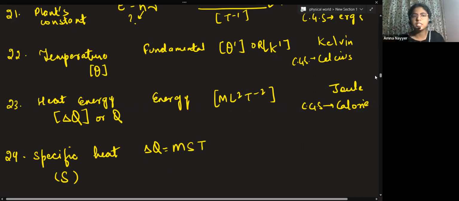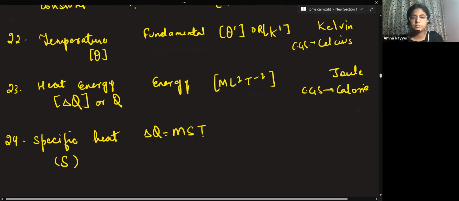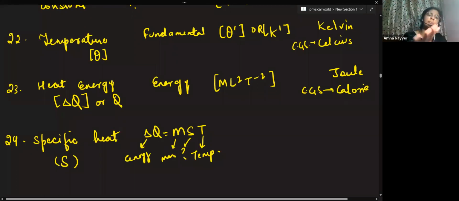This is the change in temperature, this is energy, this is mass. Tell me what the dimensional formula for it will be. First write it down, then tell me, and then we'll move on to questions.